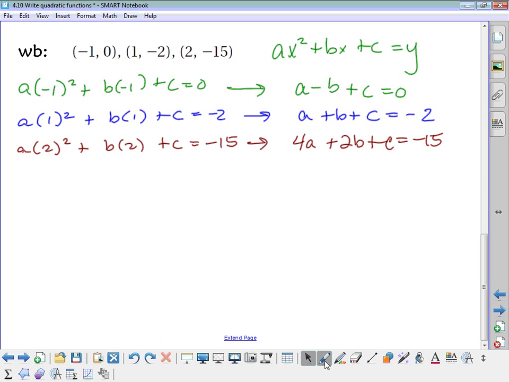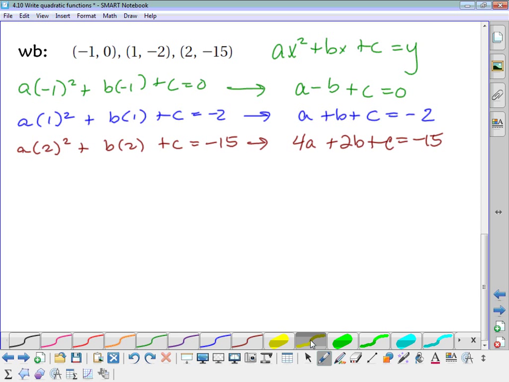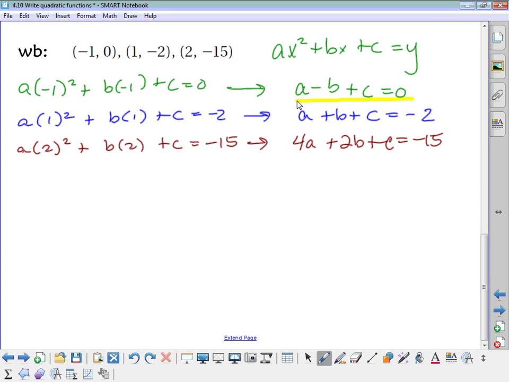Okay, so after you plug those in, you should have ended up with your system of 3 equations. A minus b plus c equals 0, a plus b plus c equals negative 2, and 4a plus 2b plus c equals negative 15. So it looks like the b's are going to be pretty easy to get rid of.